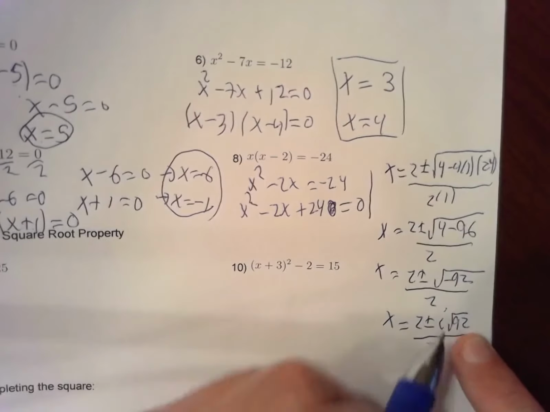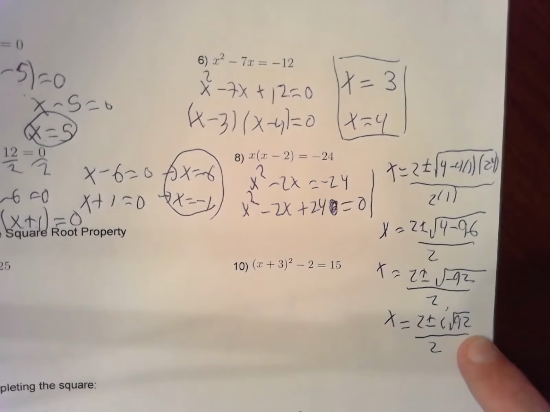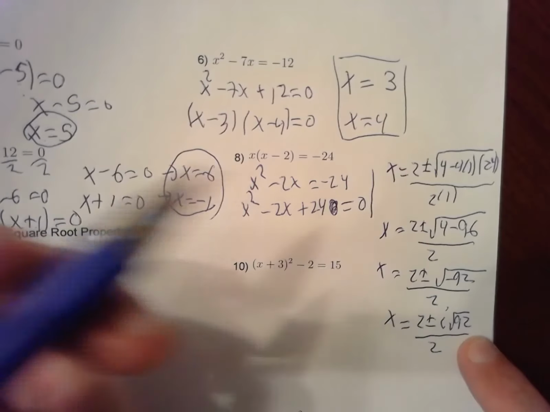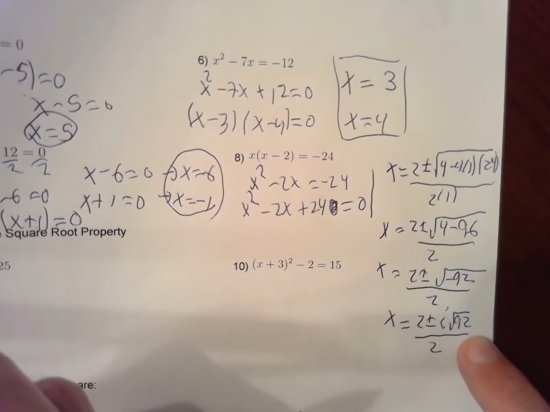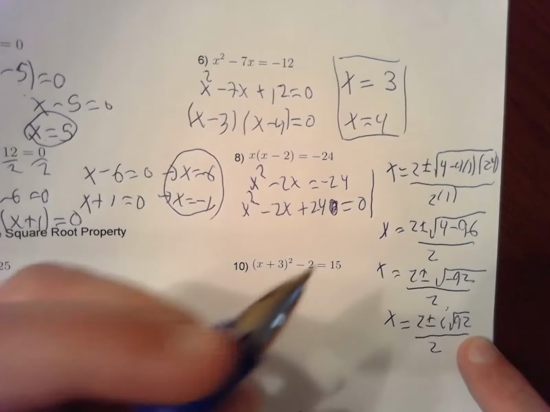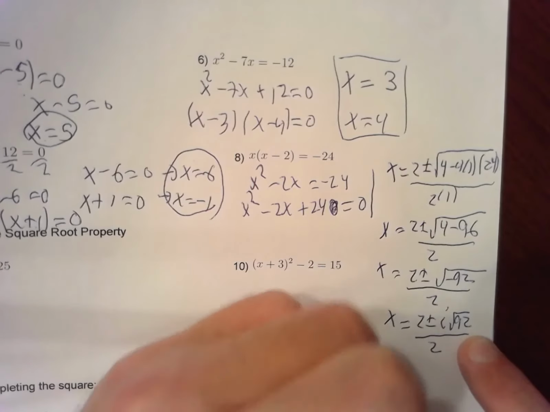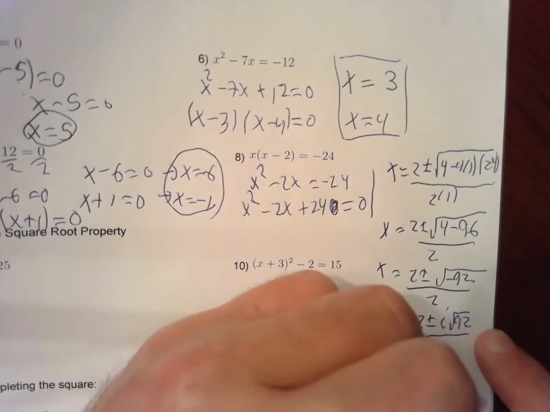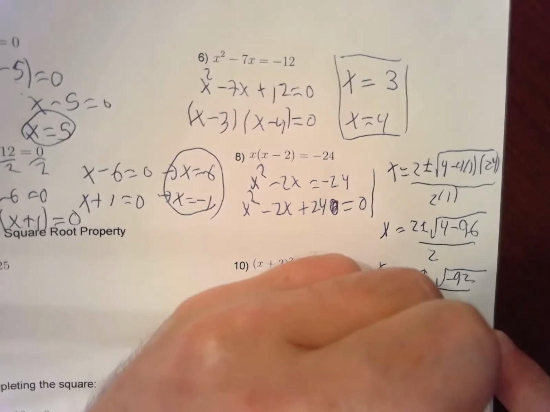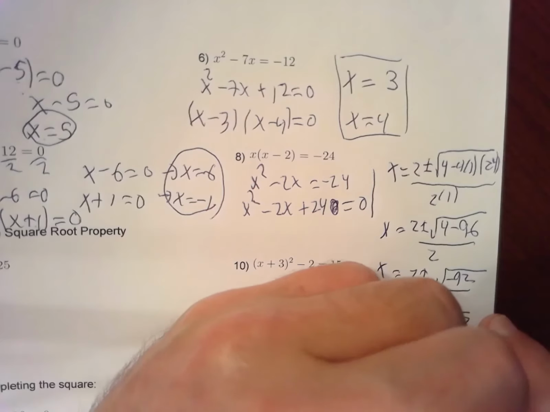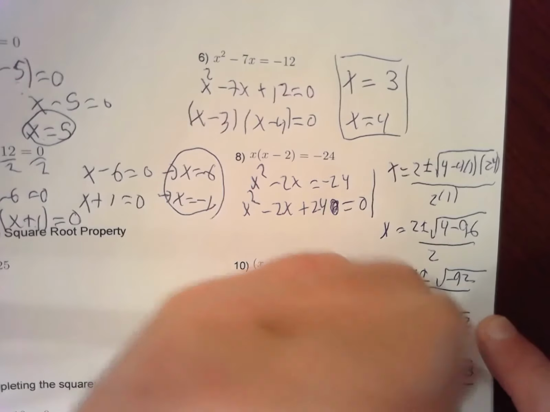So remember, simplifying radicals. 92 is 4 times 23. Square root of 4 is 2. So I could say 2 plus or minus i times 2 times square root of 23, over 2.